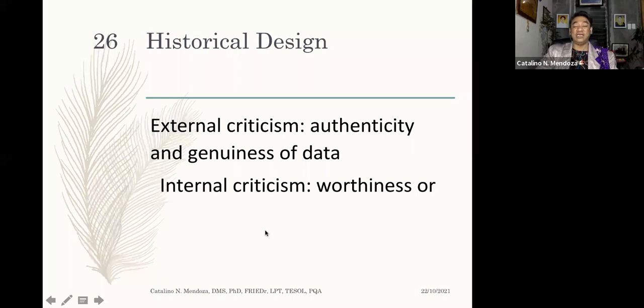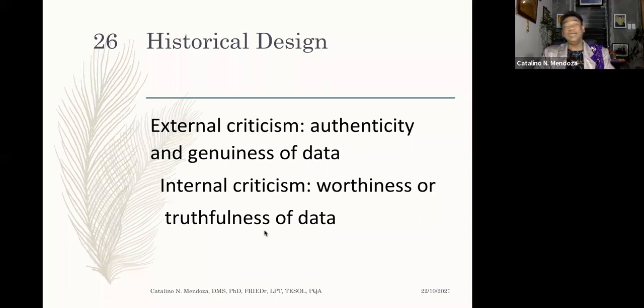Another one is internal criticism: worthiness or truthfulness of data in relation to external criticism, the authenticity. Who entered the information? Who handles the information? And who verifies the information? Those are the drawbacks when it comes to the historical design. Most probably, before they create a book or a data or information, they have to verify everything.